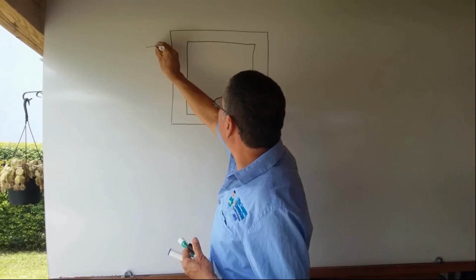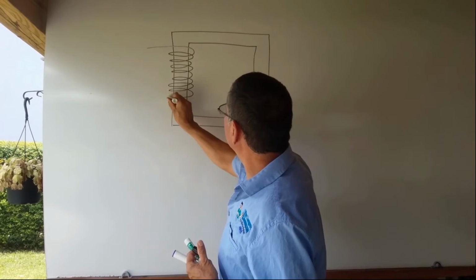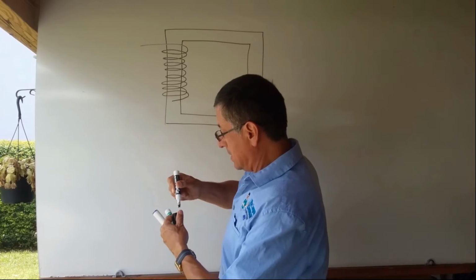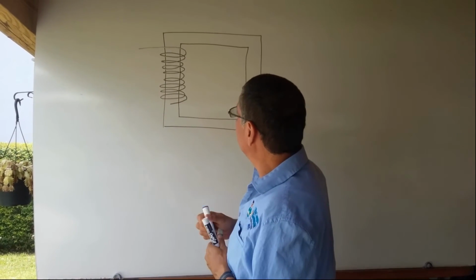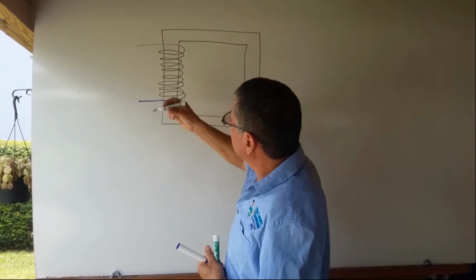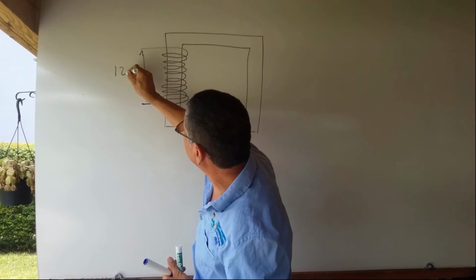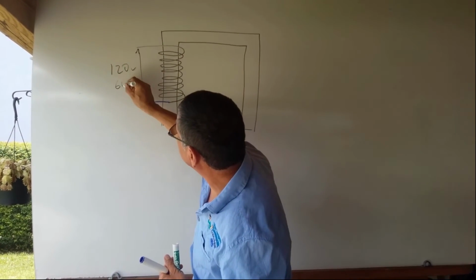This is the input, this is the primary. In the primary, I have the hot and the neutral coming in. Suppose that the hot and the neutral coming in is 120 volts, 60 hertz.